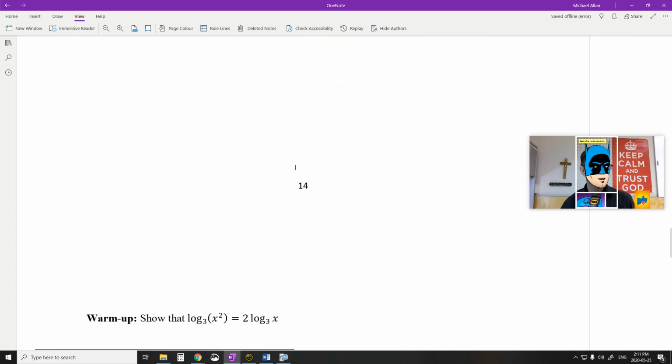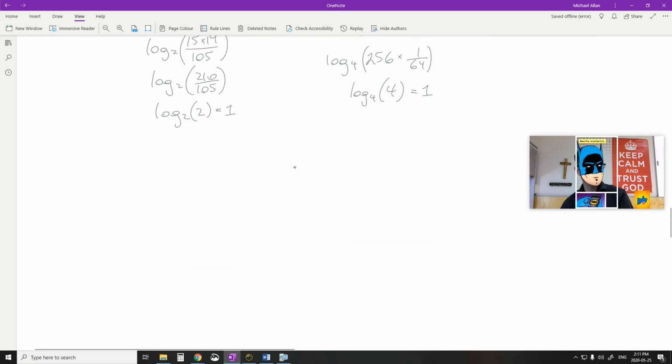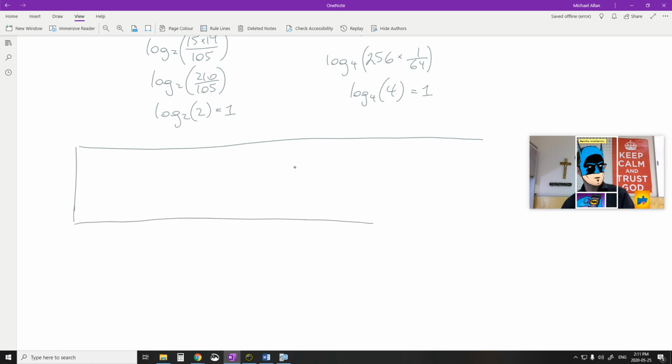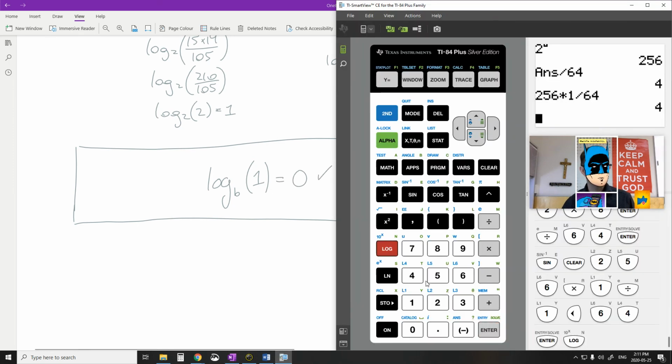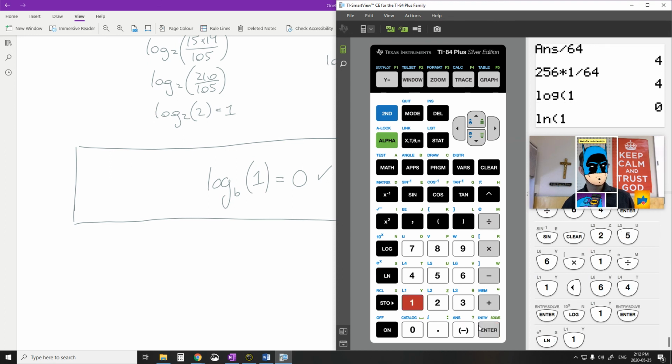Another good property to know, which I'm going to put down here, is that log base b of 1 is always 0. You can just verify that. Log of 1 is 0. Natural log of 1 is 0.